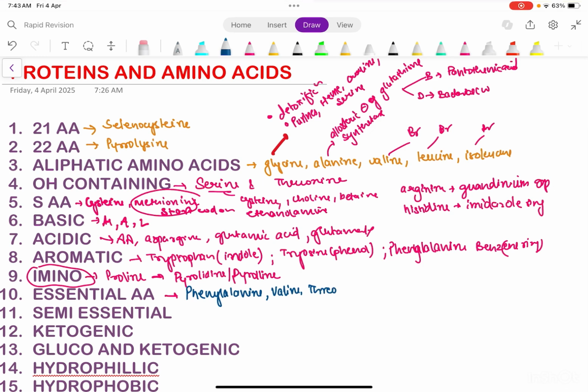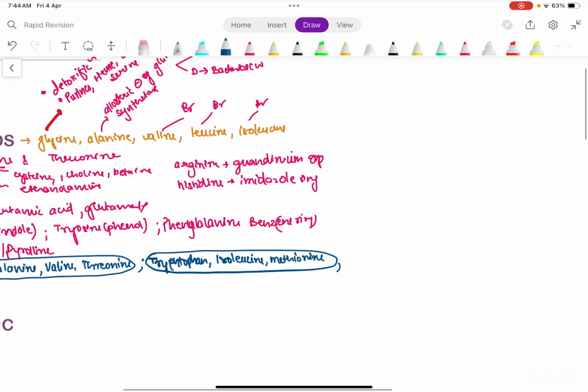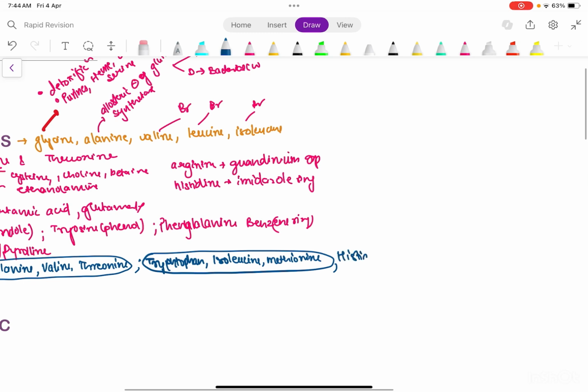Phenylalanine, valine, threonine, tryptophan, isoleucine, methionine, then histidine, arginine, leucine, lysine.